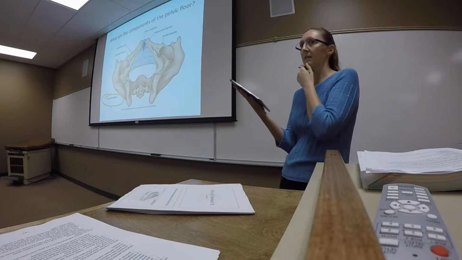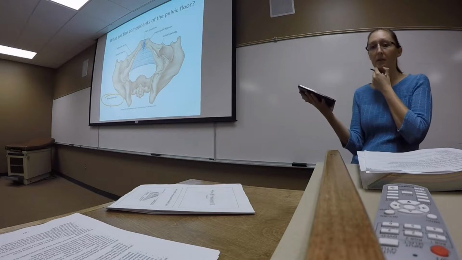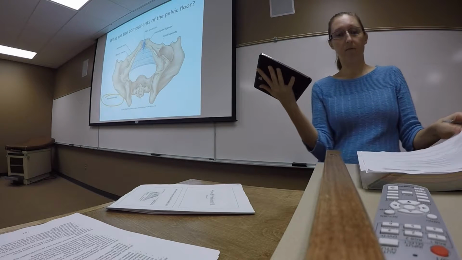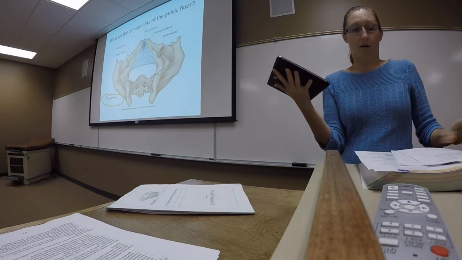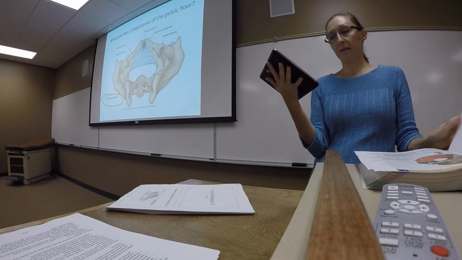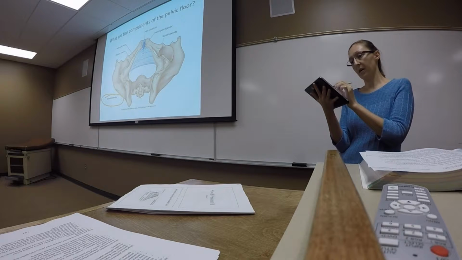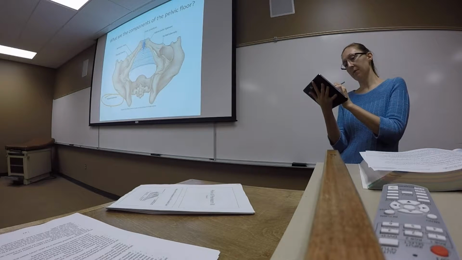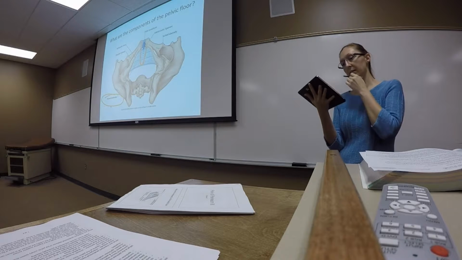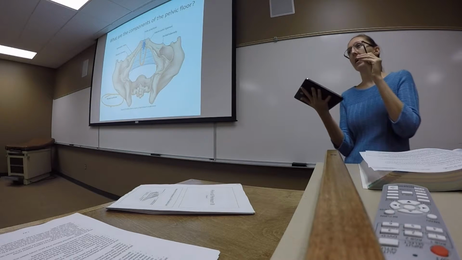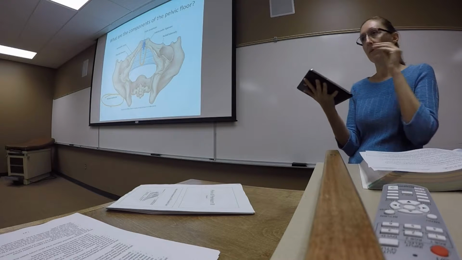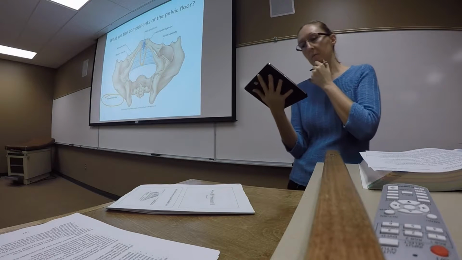So this is the next component of the pelvic floor. And the perineal membrane is attached to the pelvic diaphragm at the edges of the urogenital hiatus. So right here you can see the shape of the urogenital hiatus. That's the physical connection between the pelvic diaphragm and the perineal membrane.